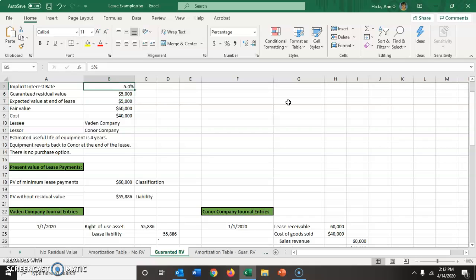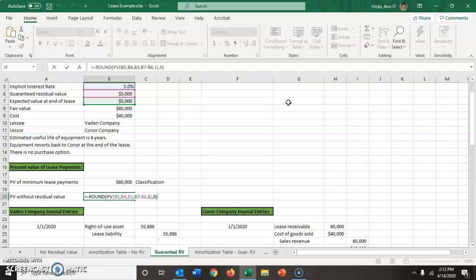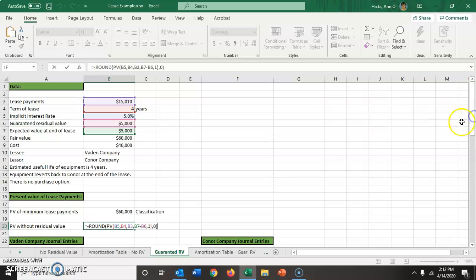What that means is that when we calculate our liability, we're going to exclude that residual value. So the present value for purposes of recording the liability is only going to be the present value of the lease payments of $15,010. The assumption being we're not going to have to pay the $5,000, we're just going to relinquish the piece of equipment.